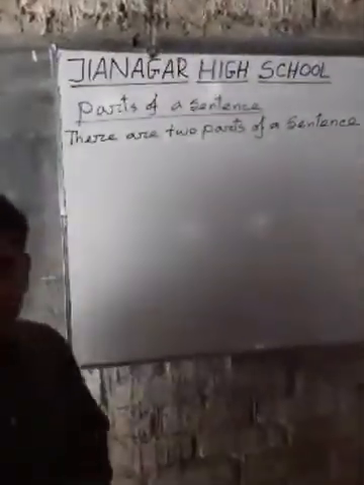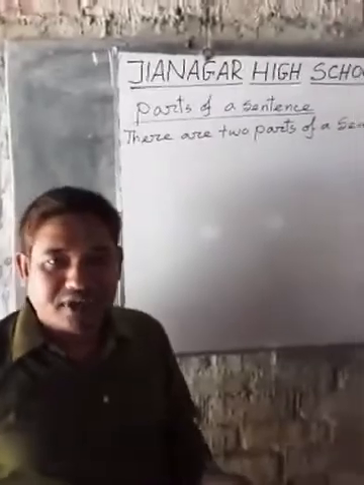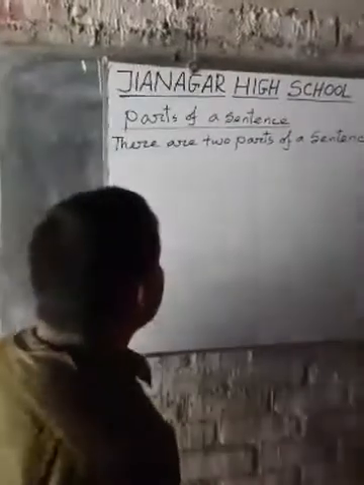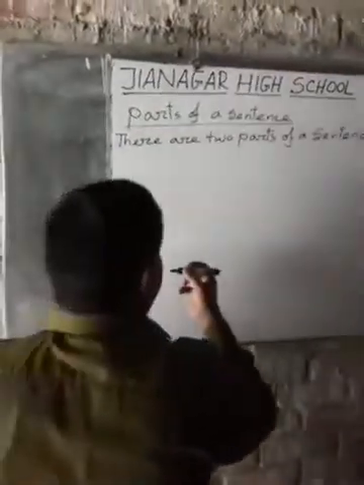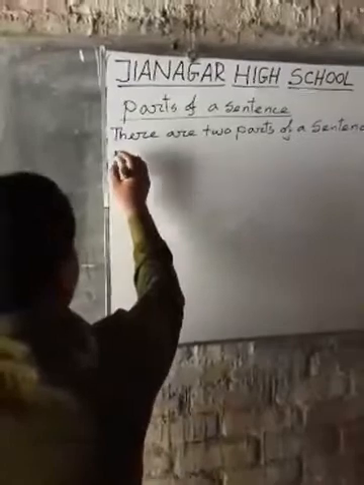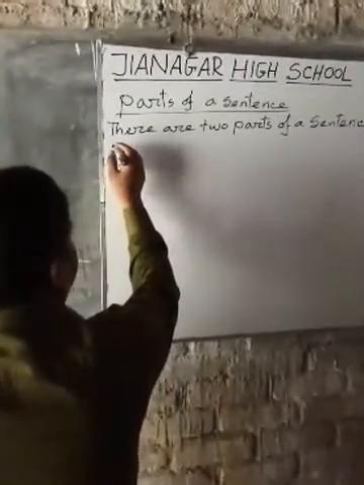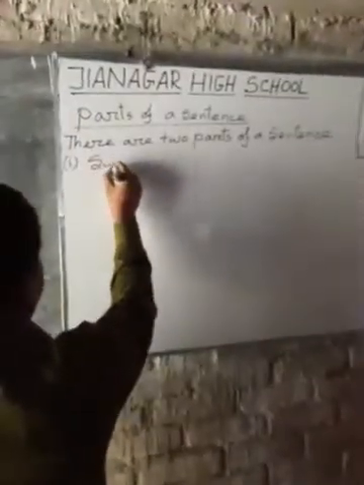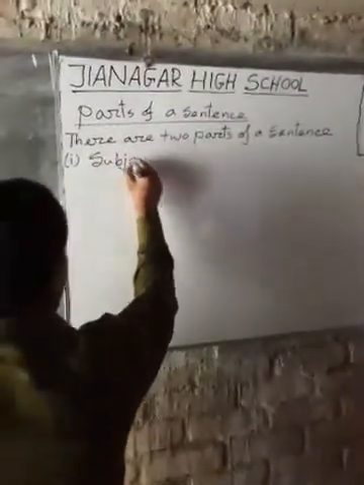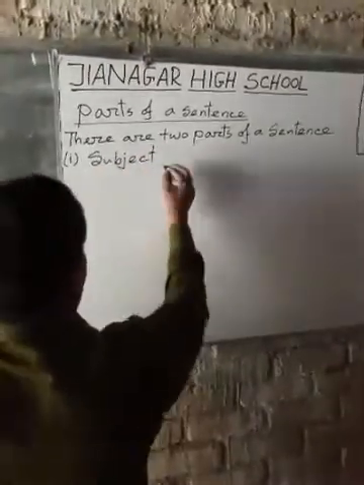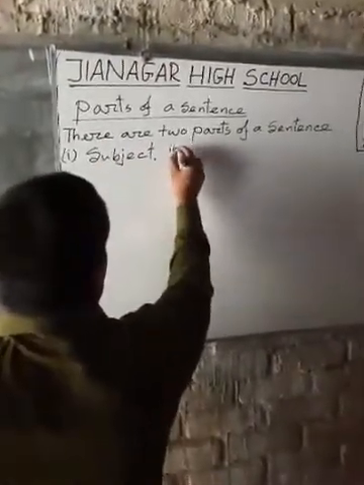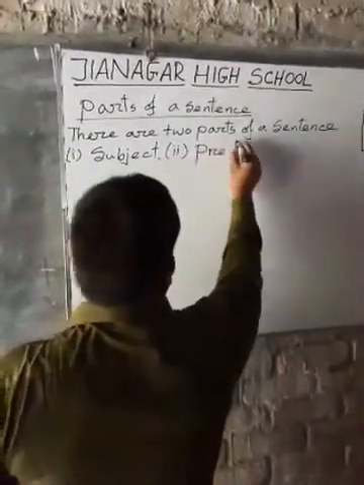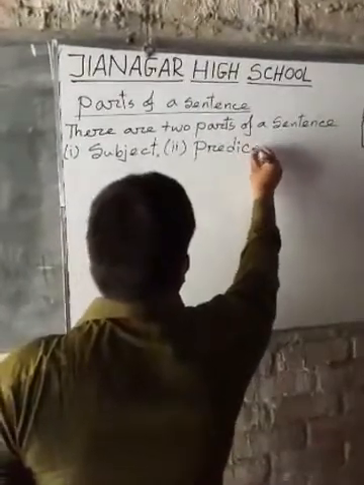Can you see what I write on the board? I think everything is visible to you. There are two parts of a sentence. As for, we can say, number 1, subject. Number 2, predicate.